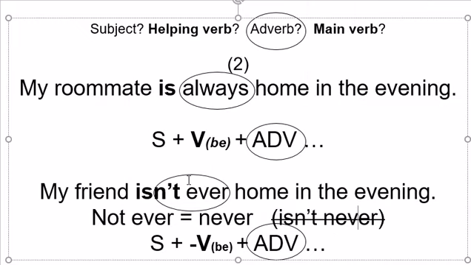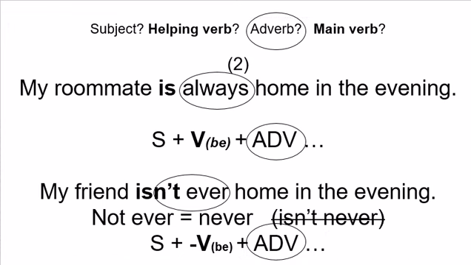We have to use one positive form with one negative form, okay? So we learned that a little bit last week, but you can say isn't ever. You could say my friend is never, but you can't say isn't never, okay? Good. So with negative verb be, we put the adverb after verb be, okay?